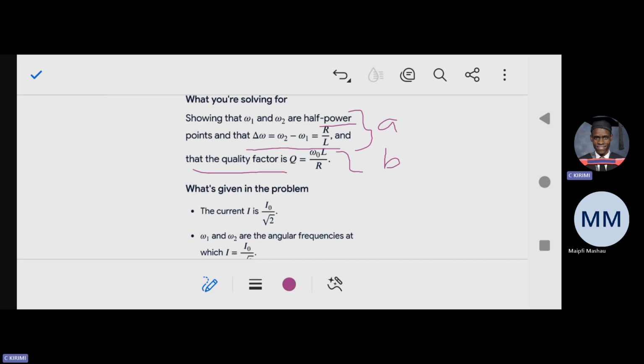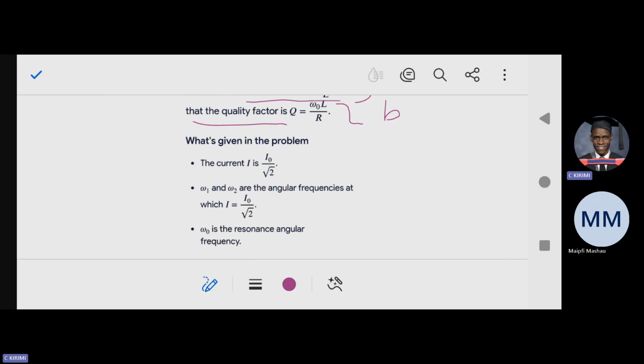So we know what is given in the question. This information was given for I naught, and W1 and W2, the angular frequencies, omega 1 and omega 2, which is the angular frequency at this current, which was given. So we calculated them. And this W naught, which they are referring to, is what we call the resonance angular frequency at the resonance. Remember that time when you said Z at the resonance is equal to R?